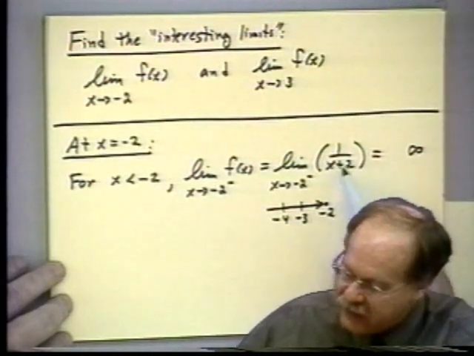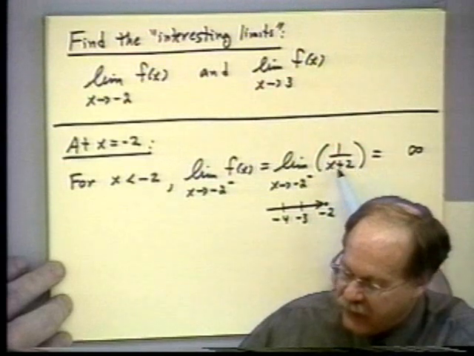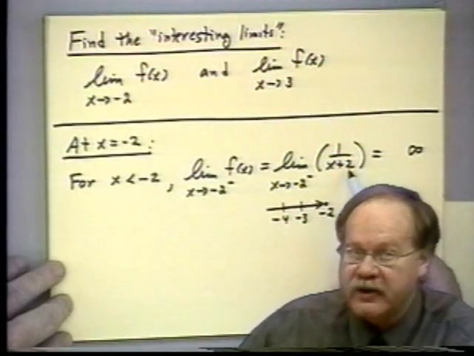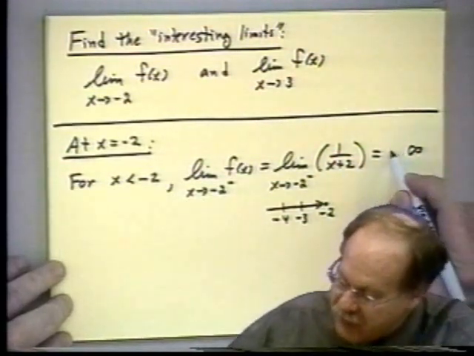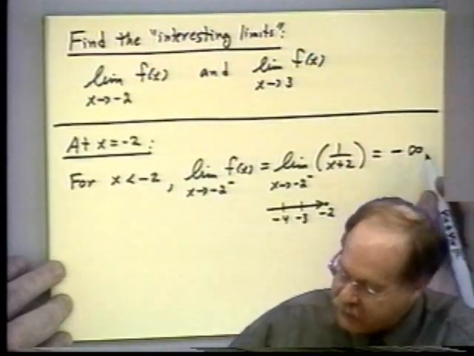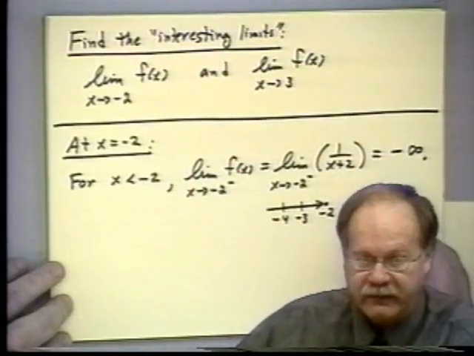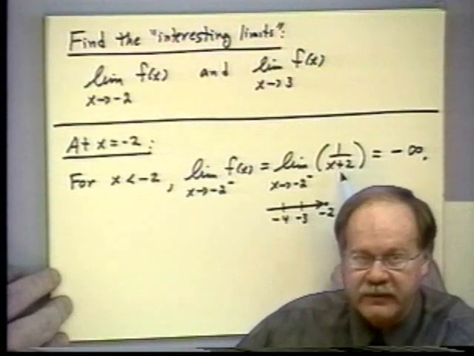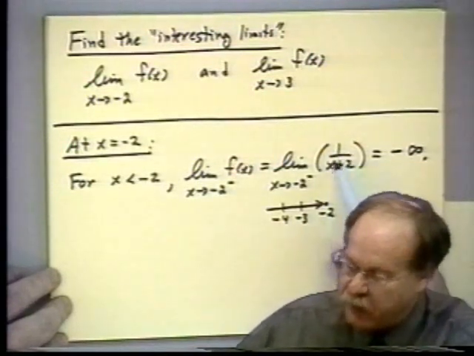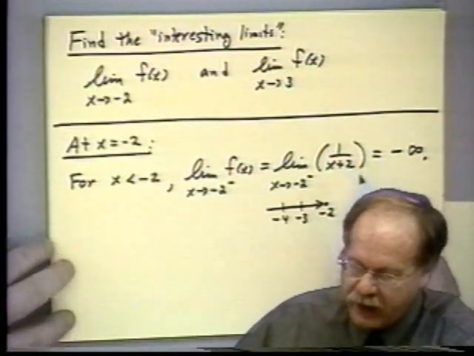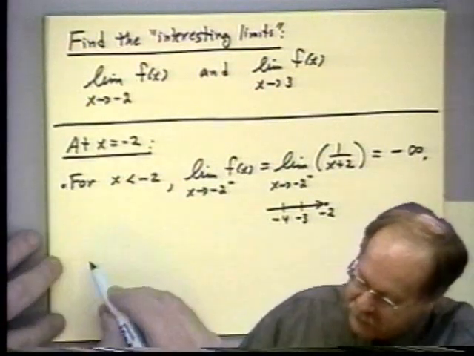So it seems like as I am approaching minus 2, the x value causes this expression to be negative, which means that this will be negative infinity in the end. So that's the way you tell if it's positive or negative infinity. It's not enough to know that the bottom just goes to 0, but you have to determine what the plus or minus sign of this is. Okay, well that's for x less than minus 2.